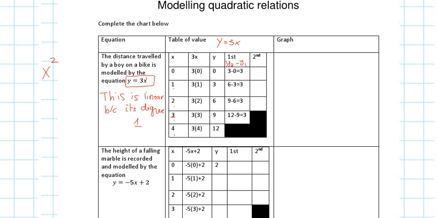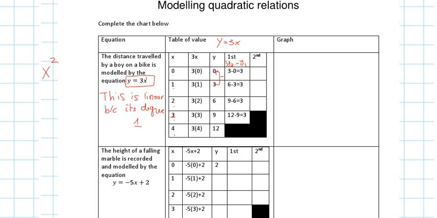Looking at my table of values, where's my second y value? I do 3 minus the first y value. So 3 minus 0. What does that give me? 3. I take away 0, and that gives me 3.